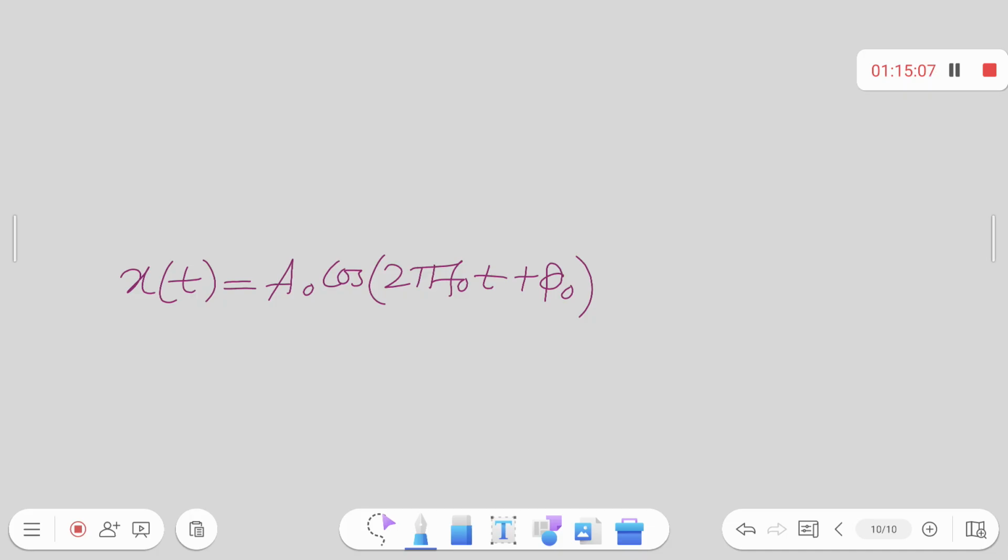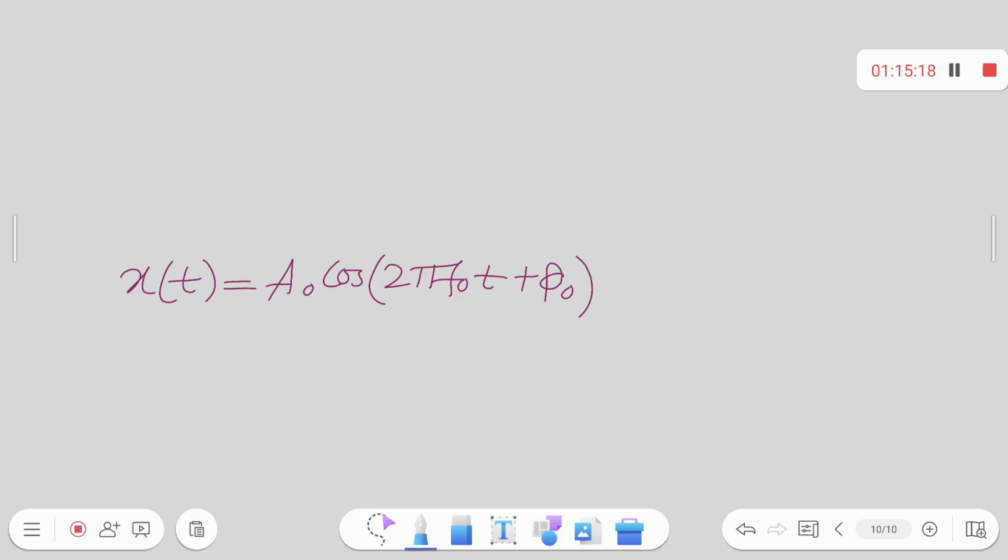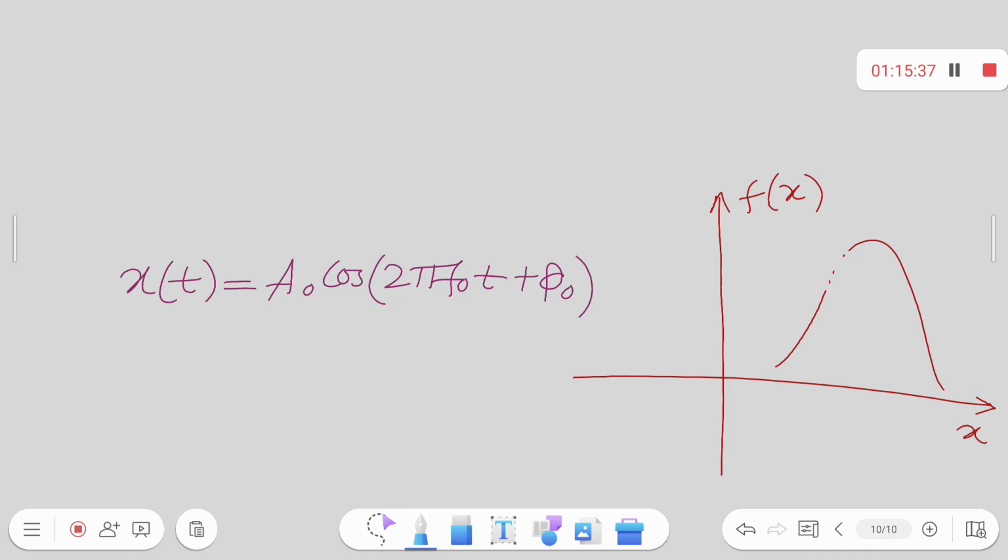Typically, all natural phenomena follow a particular distribution, known as the Gaussian distribution. I don't know whether you have heard about this or not. This is x, this is f(x). A Gaussian distribution.